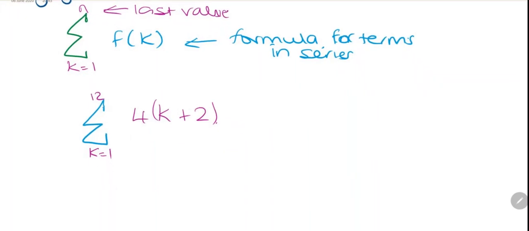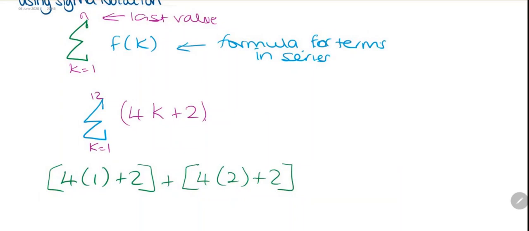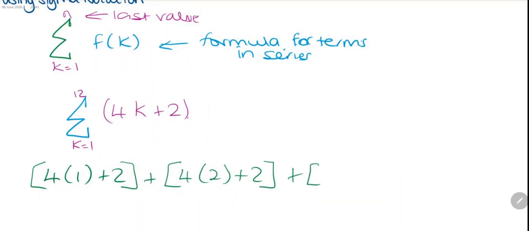And this would mean, we'd have 4, so the first term would be 4 times 1 plus 2. And we need to add the second term, which is 4 times 2 plus 2. And the third term would be 4 times 3 plus 2.